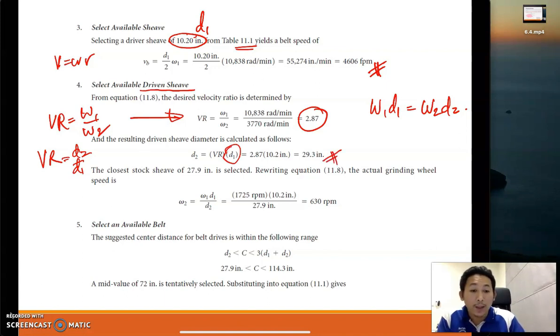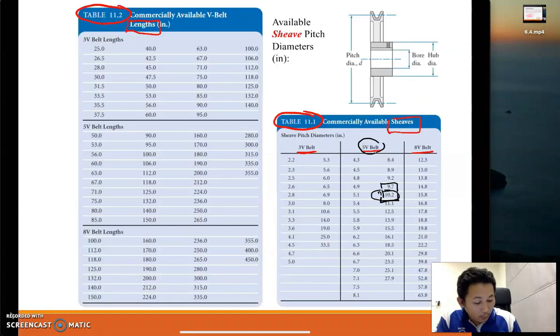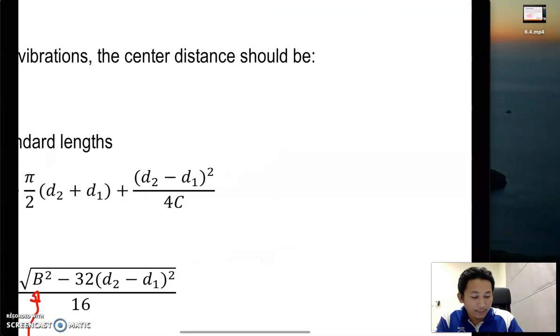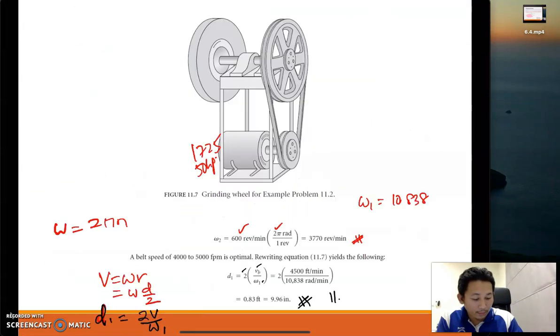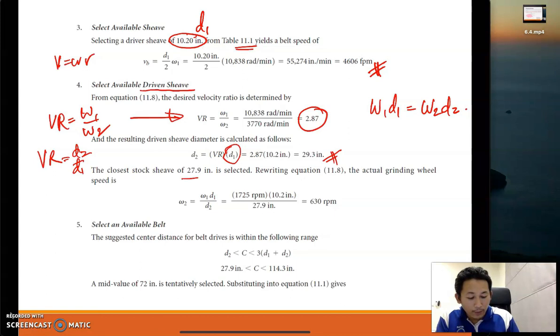Now we have 29.3 for the shaft. Now the closest available is 27.9. Okay. So we use 27.9 and then we calculate again our speed and we get 630 revolutions per minute.